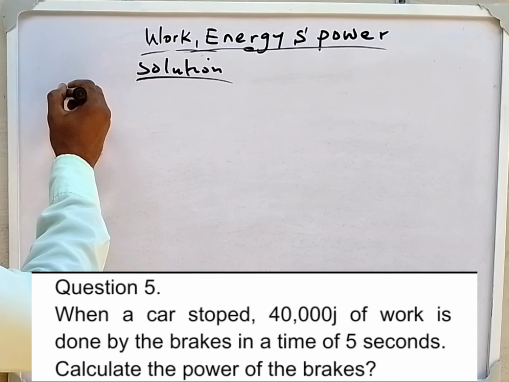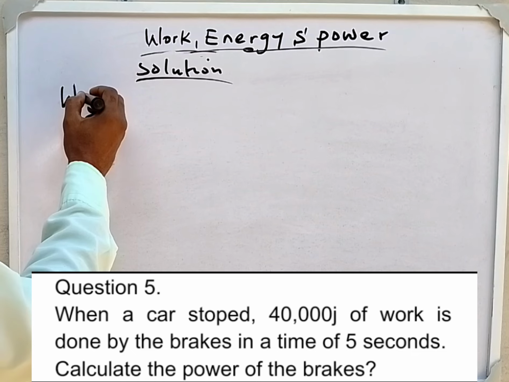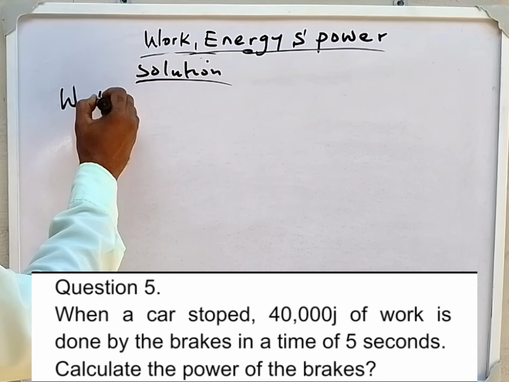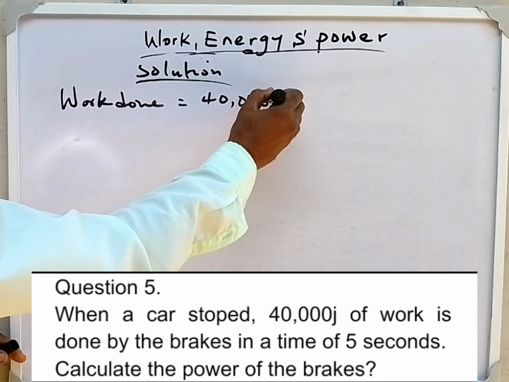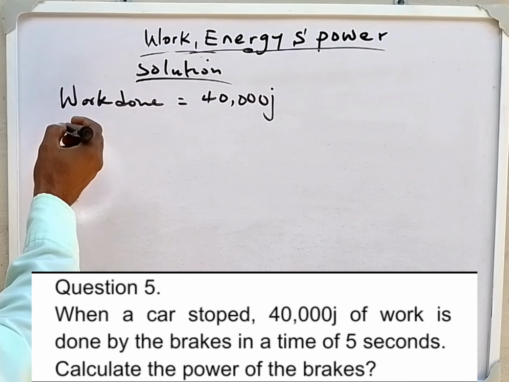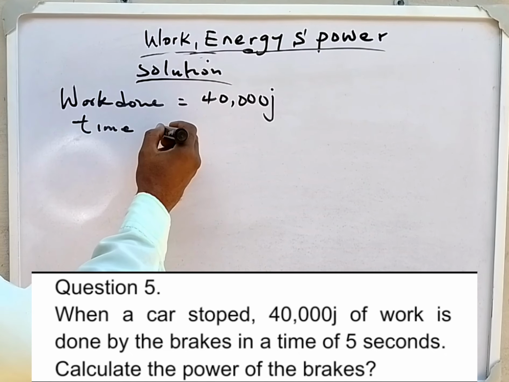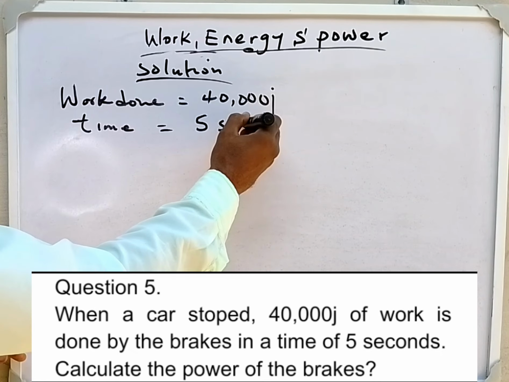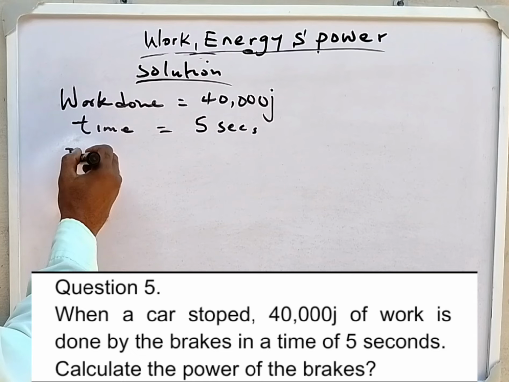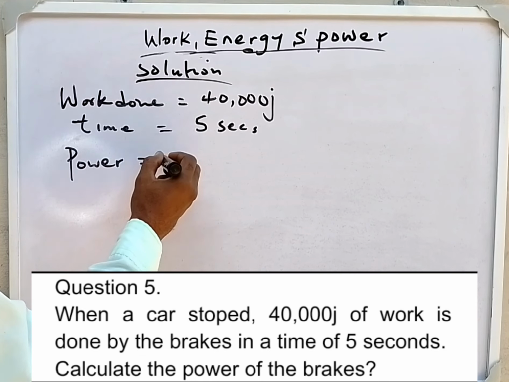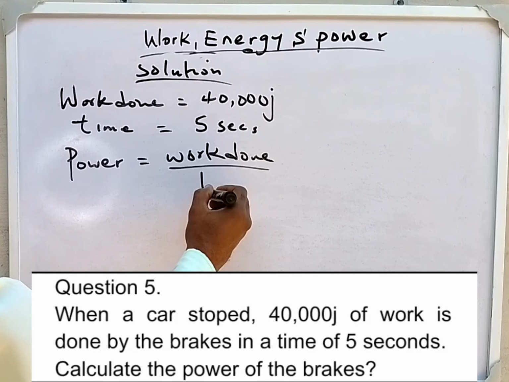The parameters are that work done by the brakes is equal to 40,000 joules. Then the time within which this work is done is 5 seconds. Then we are asked to calculate the power of the brakes, and power is defined as work done over time.